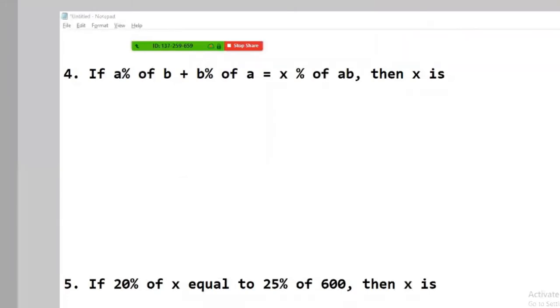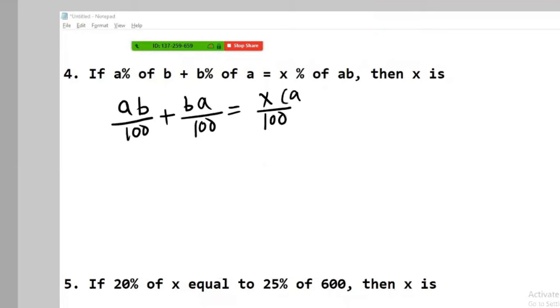So very simple funda. A%, A by 100 of B. So A into B by 100 plus B% of A, so B by 100 of A, which is equals to X by 100 of AB.